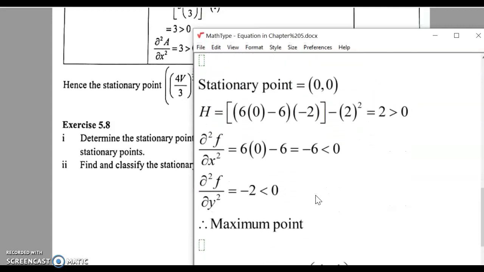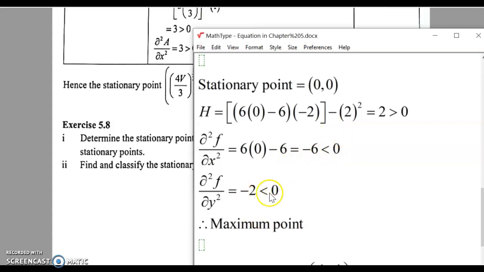As you can see, at point 0, 0, when we substitute it in the Hessian function, I get 2, which is more than 0. So because it is more than 0, I will need to further look at the second partial derivative of x and y, and I noticed that both of these values, when substituted with this point, are equal to a negative value, which is less than 0.